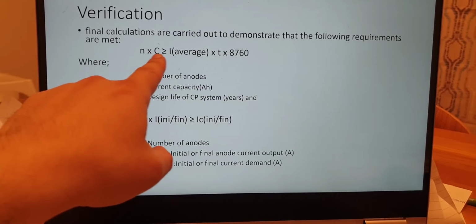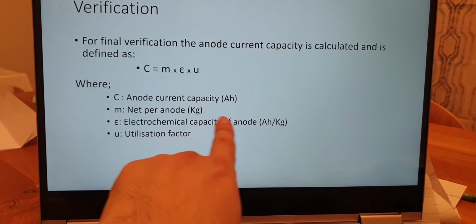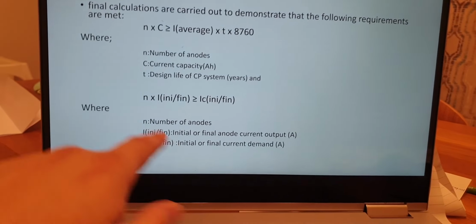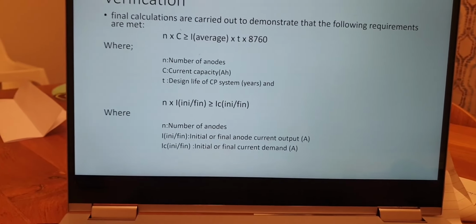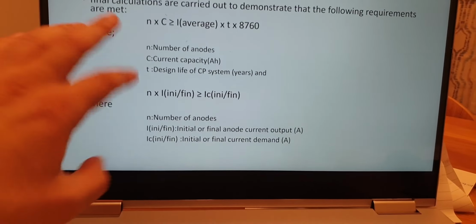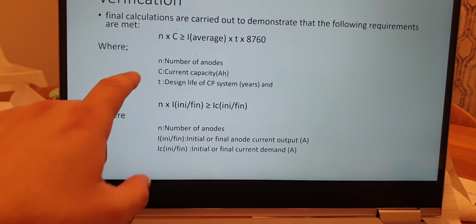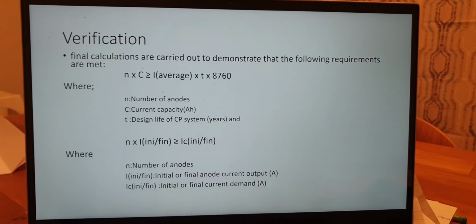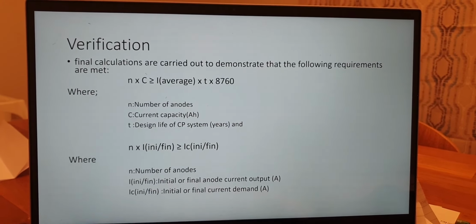It could be by using this equation, or by using this other comparison. In both ways, it's exactly the same intention. We need to prove that the anode we select meets the requirements of cathodic protection.